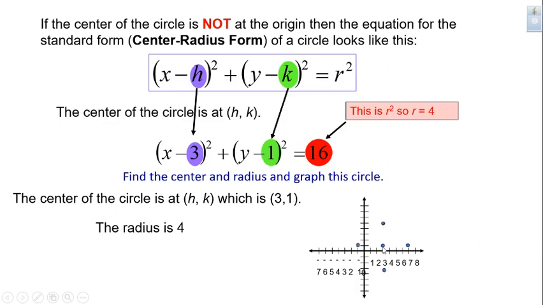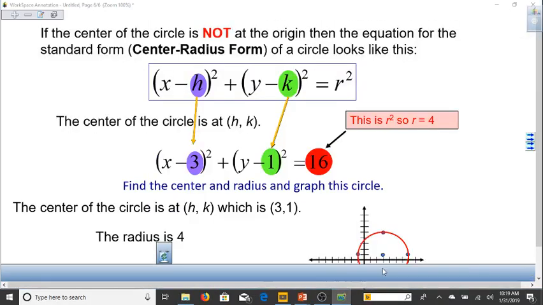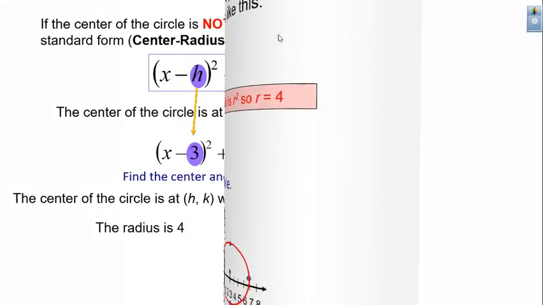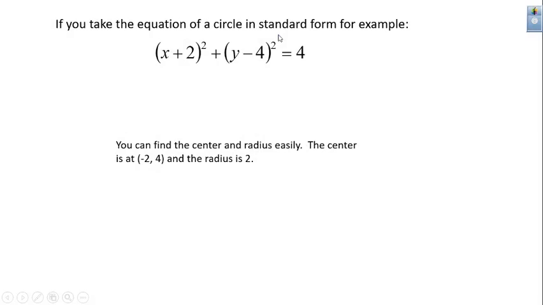Then we go 4 units to the right, 4 units to the left, 4 units up, 4 units down. And that is the graph of the circle whose equation is given here in center radius form.